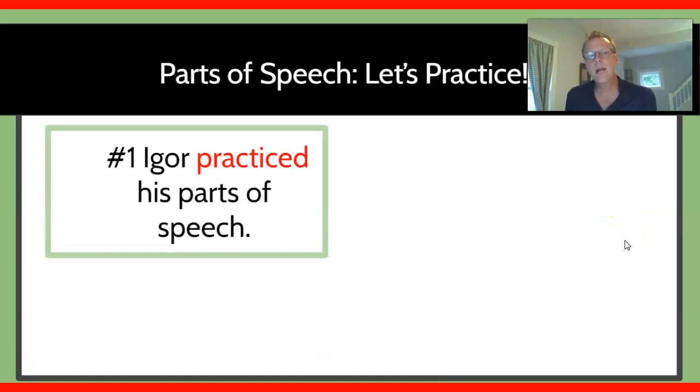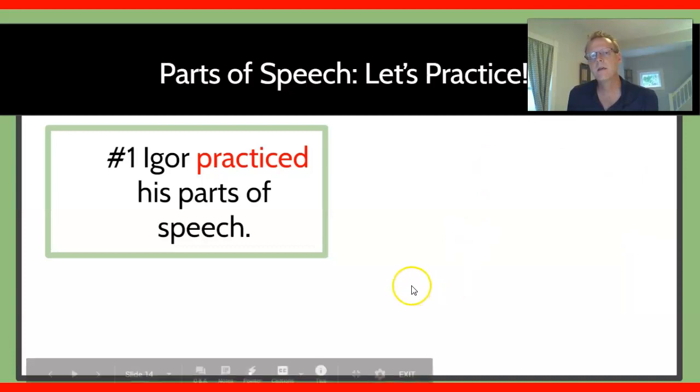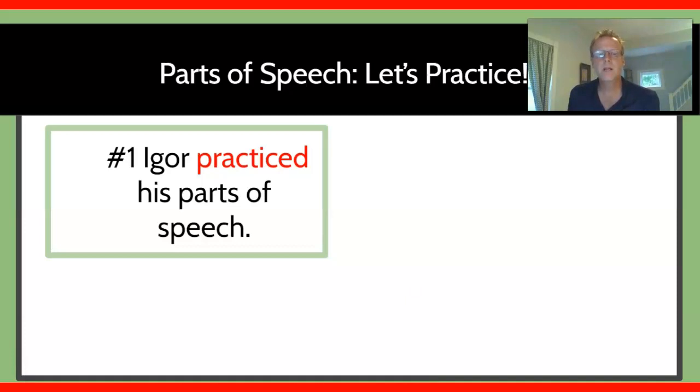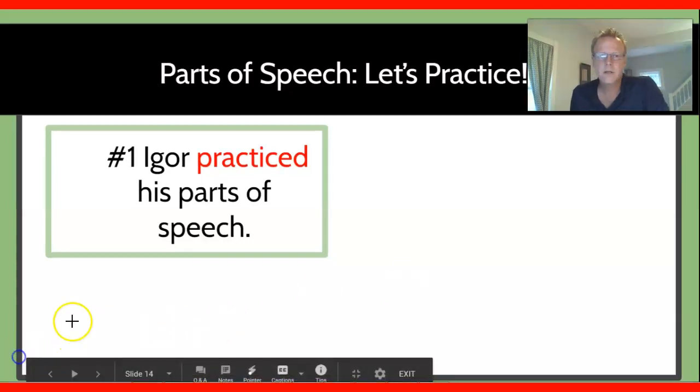Igor practiced his parts of speech. Let's see if we can identify practiced. First of all, what's the subject? The subject is right here. There's your subject. And it happens to be a noun because it is a subject.